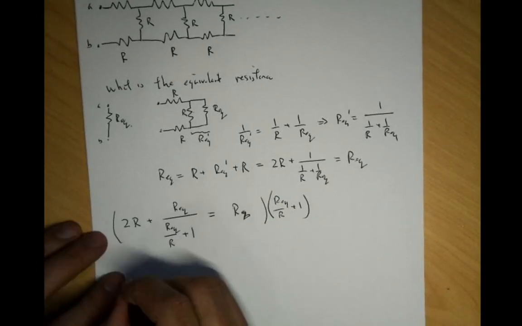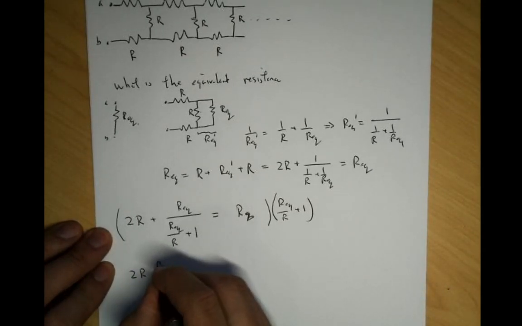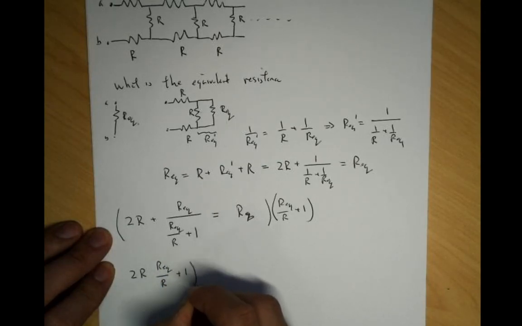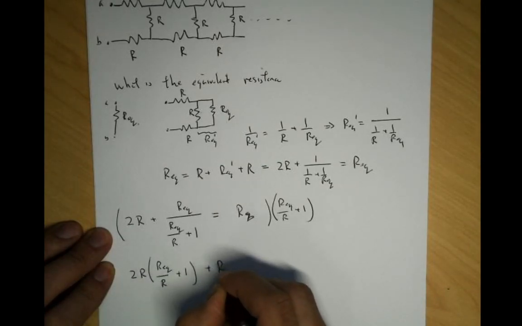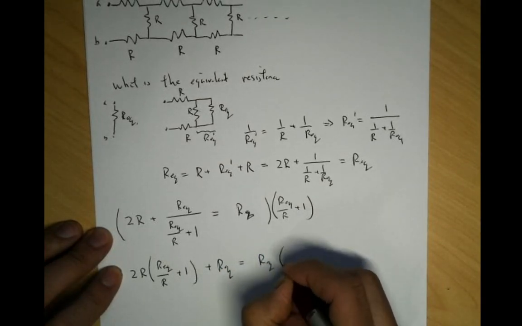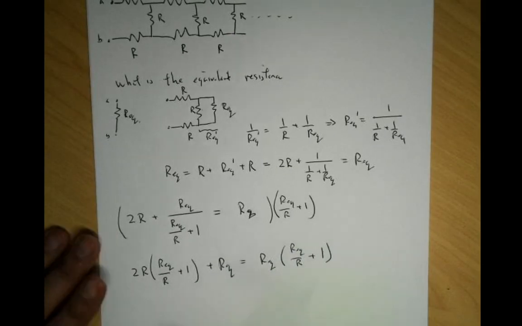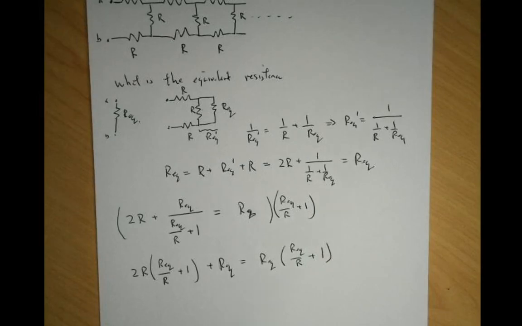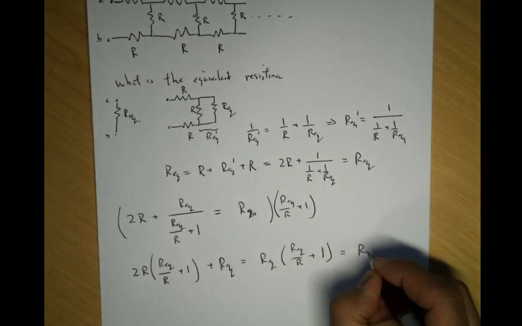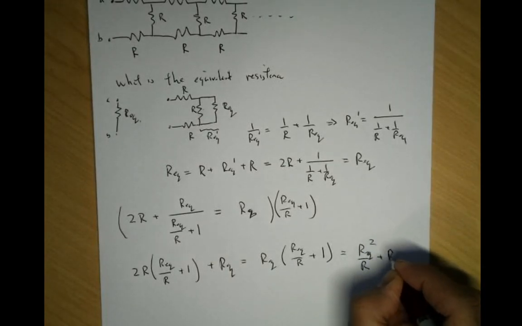And so this gives me 2R times R equivalent over R plus R equivalent, plus R equivalent, is equal to R equivalent squared over R plus R equivalent.